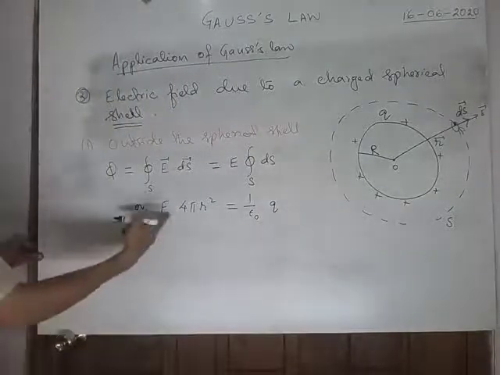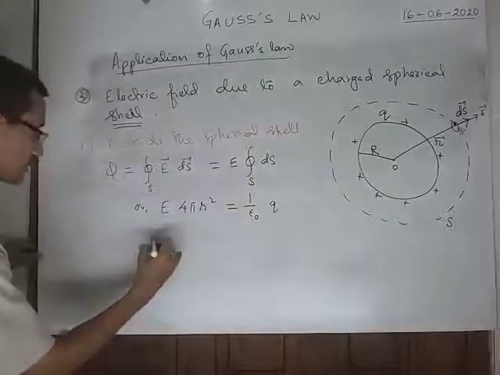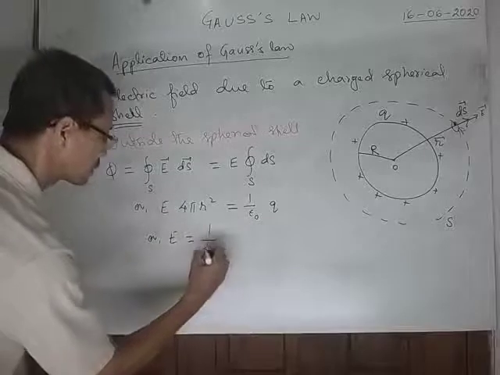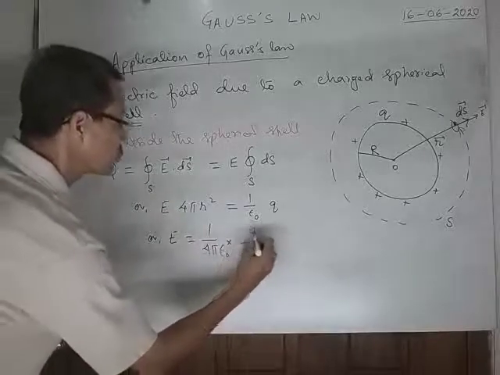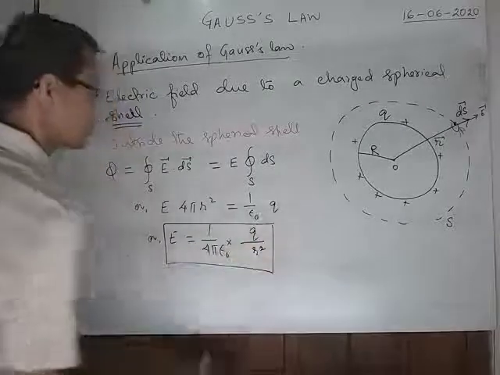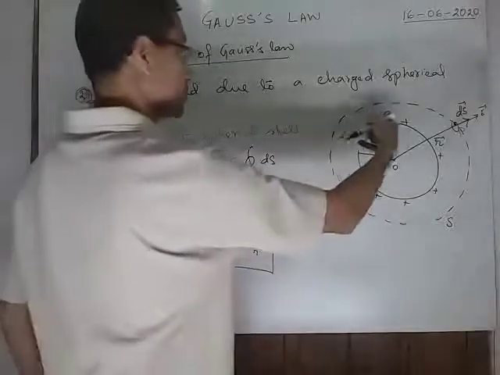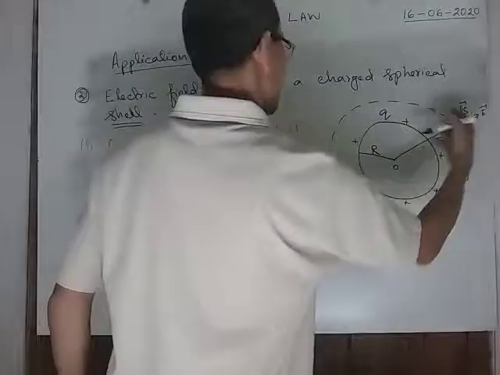As we want to find out the electric field E at that point P, your electric field E can be expressed as 1 by 4 pi epsilon naught Q by r square. This is the magnitude of the electric field E due to this spherical charged body at the point P, at distance r from it.